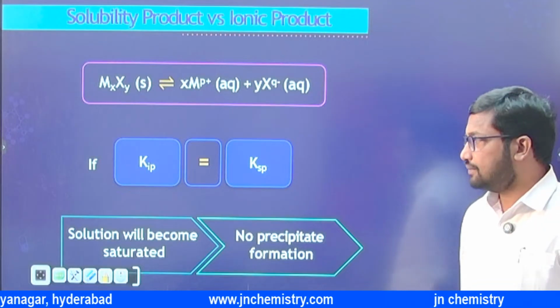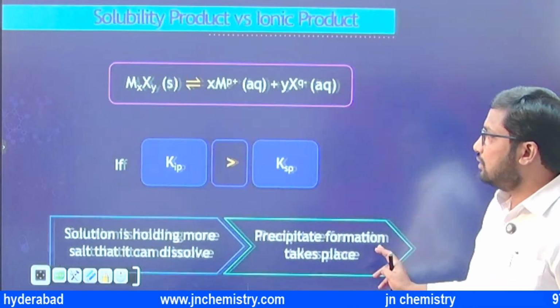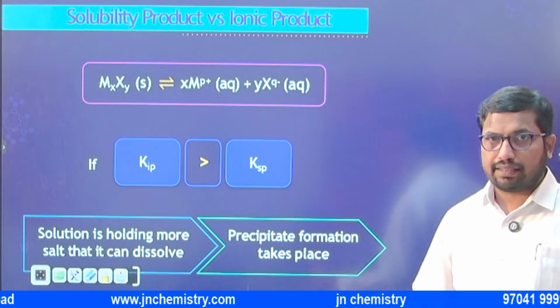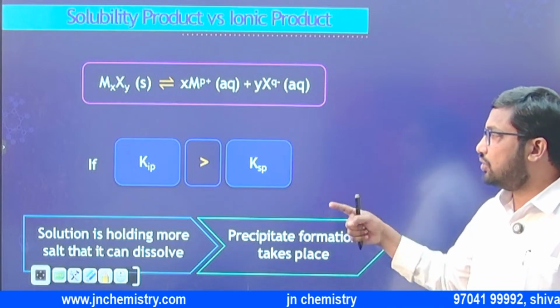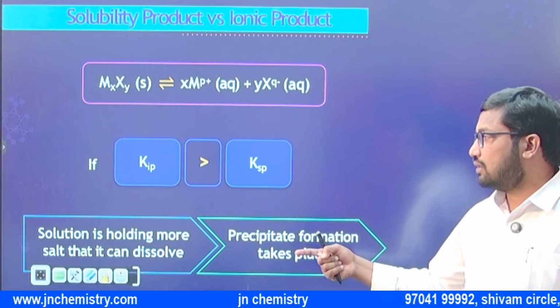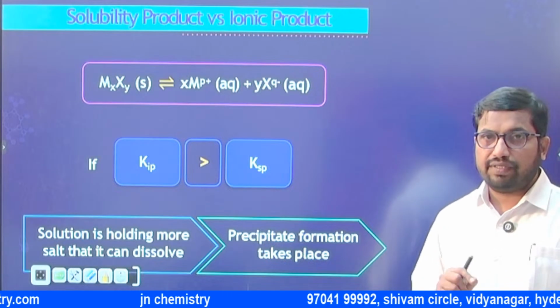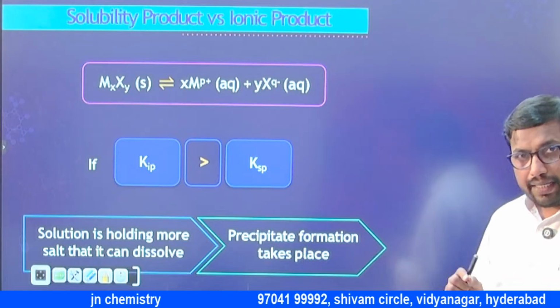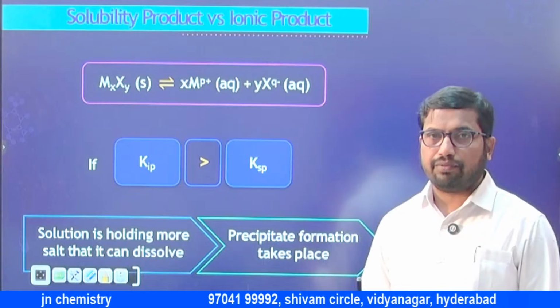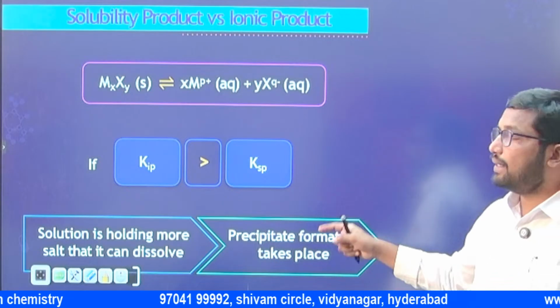Then the next one. If ionic product is greater than solubility product, the solution is holding more salt than can be dissolved, which means precipitation takes place. When precipitation takes place, ionic product is greater than solubility product. Very, very important. Write it down.